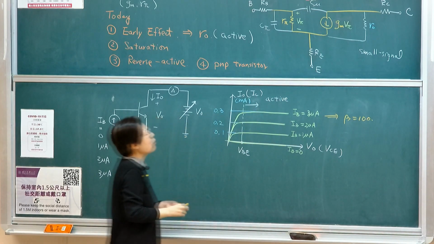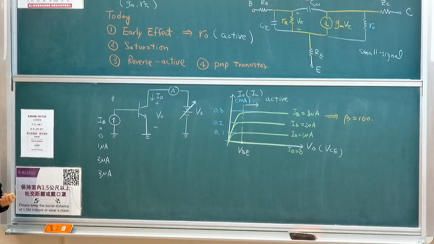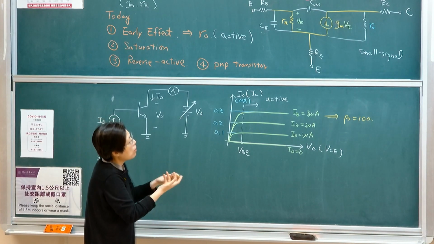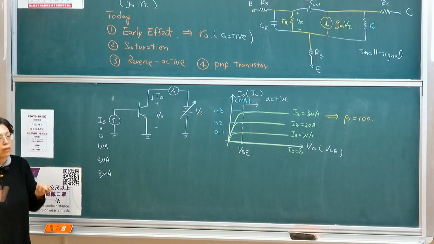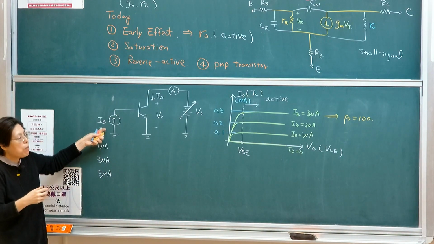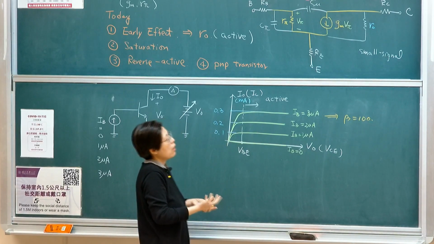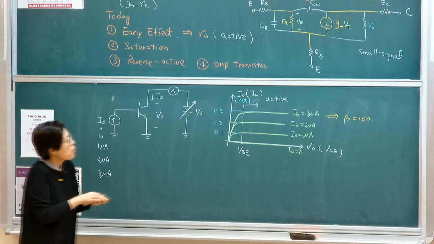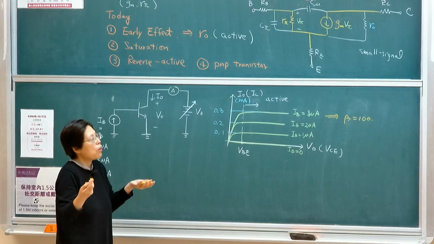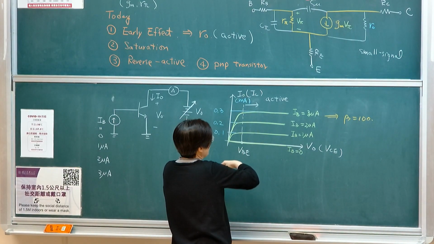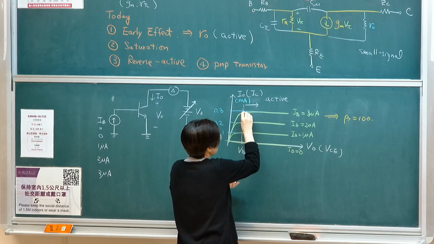Based on our first order model, I should be seeing an ideal current source, meaning that the current will be set by the base current, so IC should equal beta IB. If I give you a constant current at the input, you should get a constant current at the output, which is independent of output voltage. But what happened is that this Early person found that his measurement results indicate that the curve looked more like this instead.